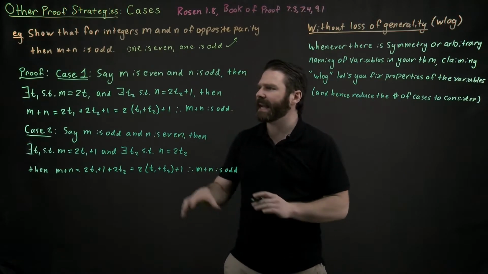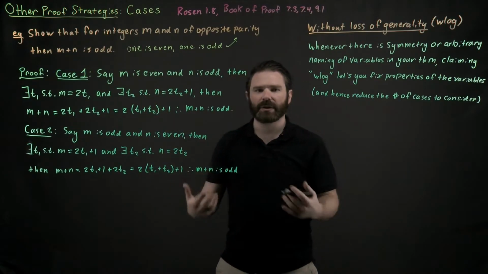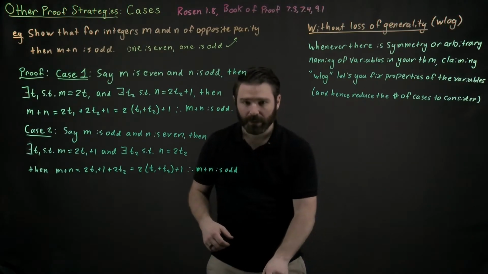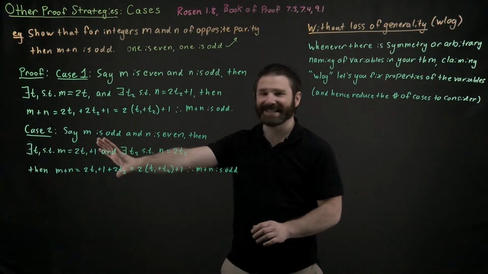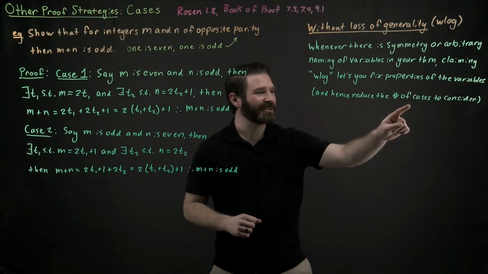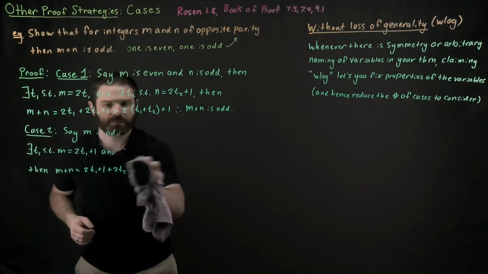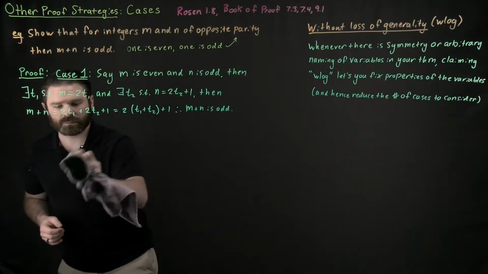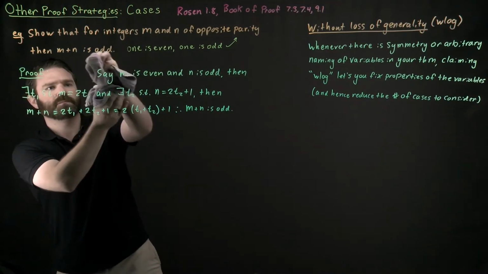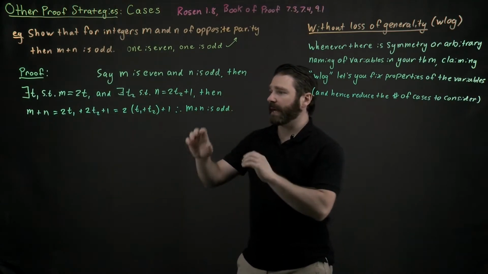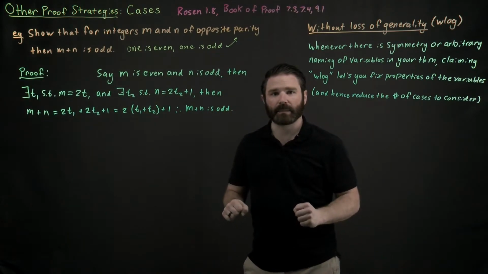So let's go ahead and see how this proof would change if I used without loss of generality. So first off, I'm going to have to erase the second case because it allows us to reduce the number of cases that we have to consider. So here, notice that I have completely eliminated case number 2.